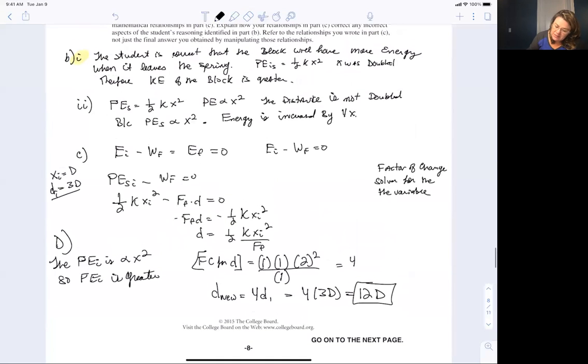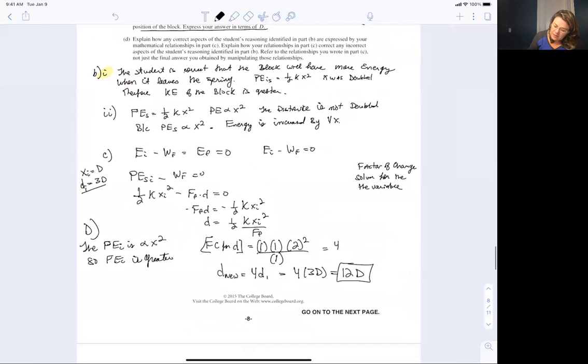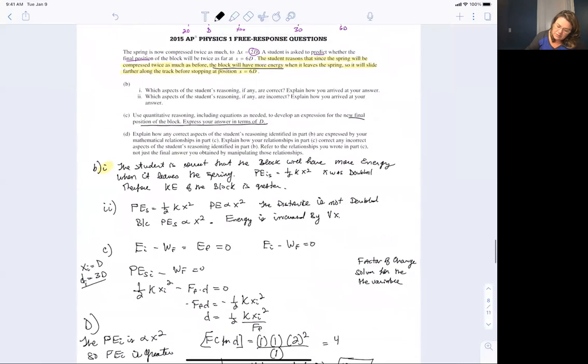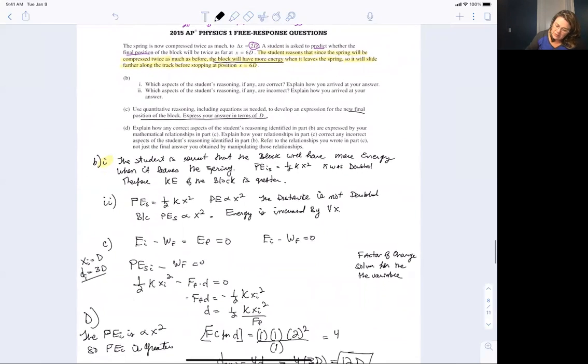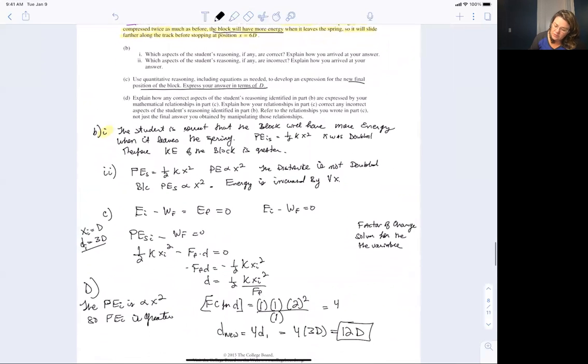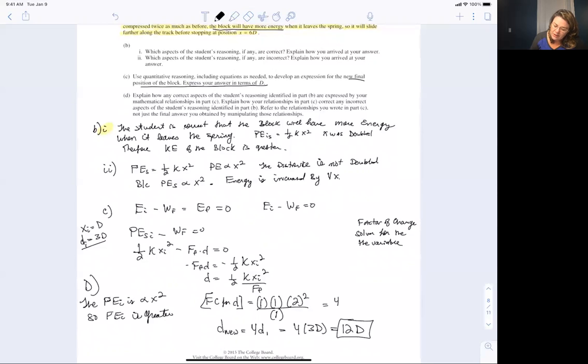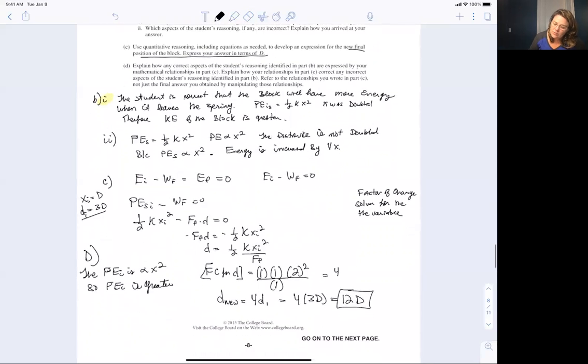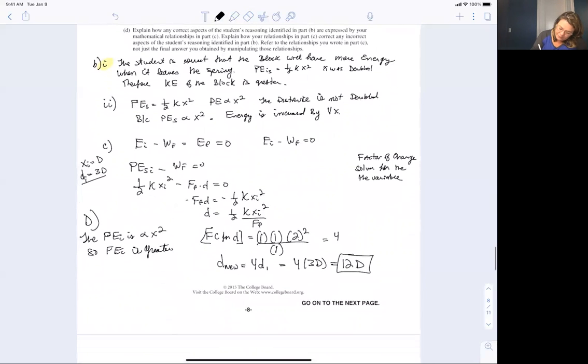Okay, and then the next part is, what else did they ask? Explain how any correct aspects of the student's reasoning identified in part B are expressed by your mathematical relationships in part C. Okay. Explain how your relationships in part C correct any incorrect aspects of the student's reasoning identified in part B. Okay.